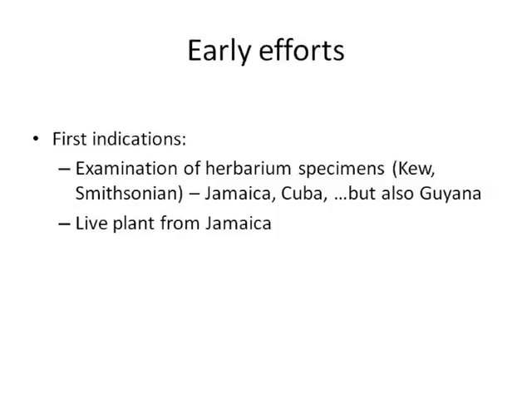So the early efforts in finding out where our South African biotype of Cremolina odorata originated from, the first place to look was in herbarium specimens. And this was done in Kew and at the Smithsonian in the USA, sorry Jackie. And they found that morphologically, our South African biotypes were most similar to the Jamaican and Cuban specimens.